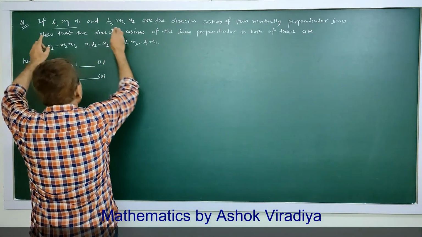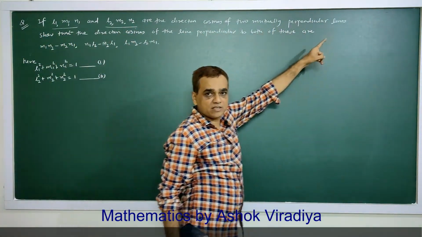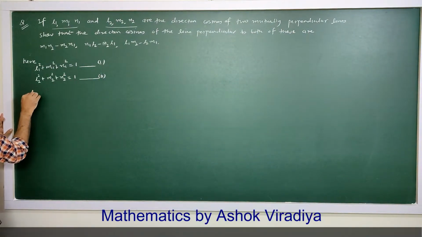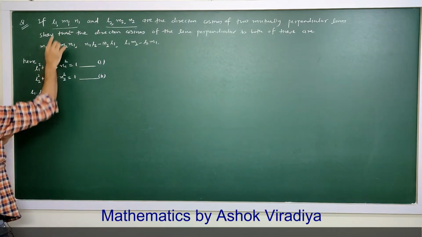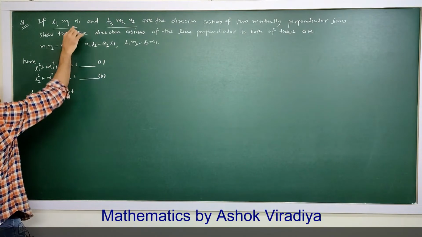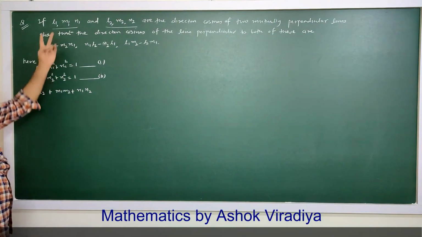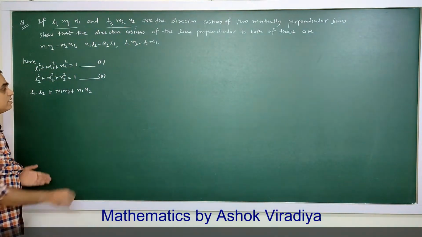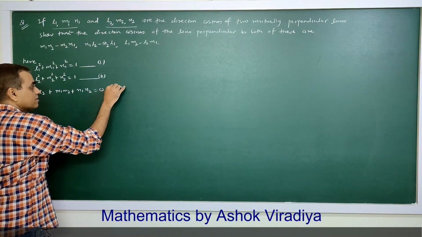And these are mutually perpendicular lines, so the dot product L1 into L2 plus M1 into M2 plus N1 into N2, the sum of products of these direction cosines, is 0. This is the third result.